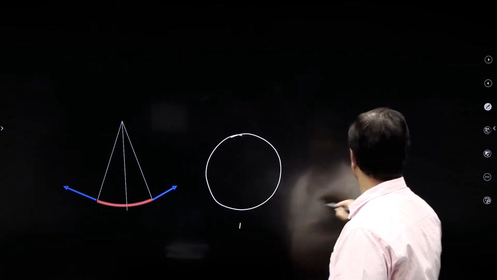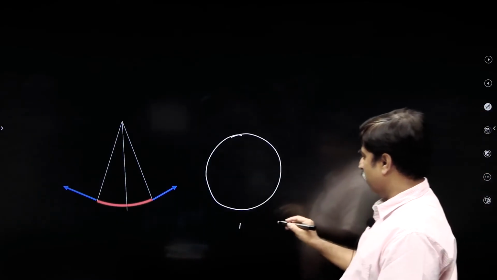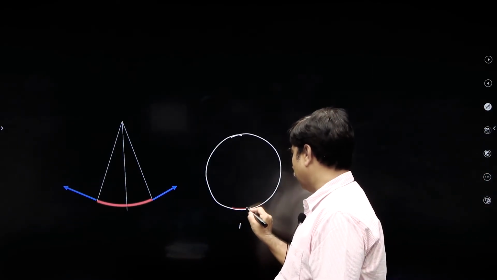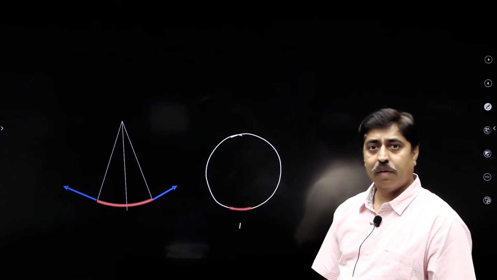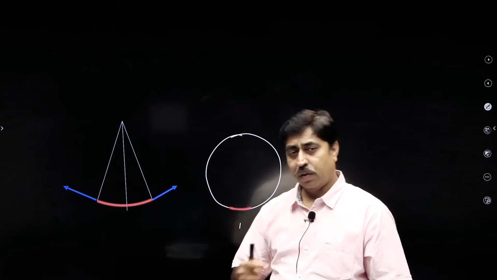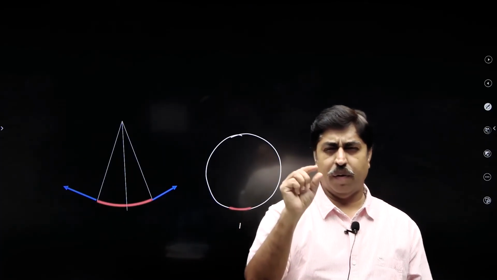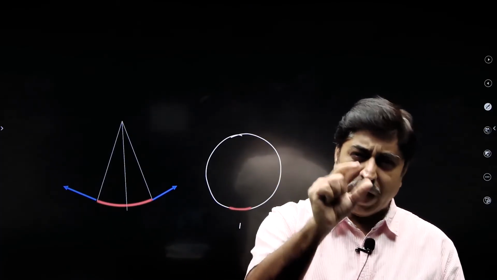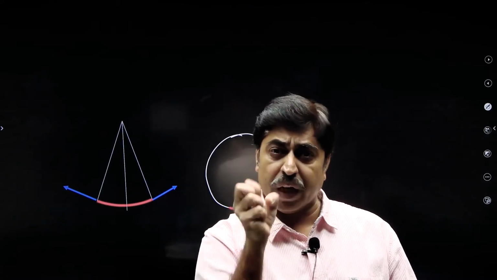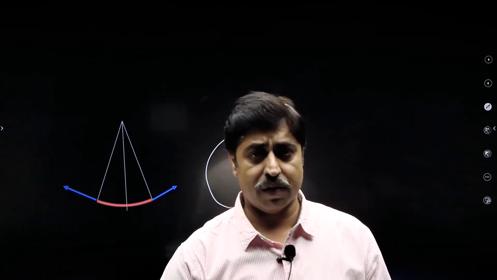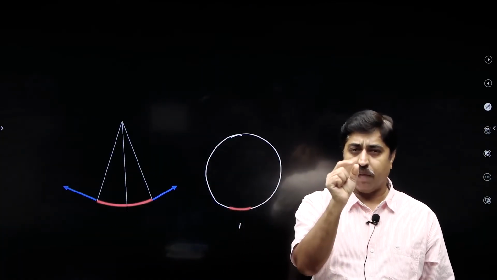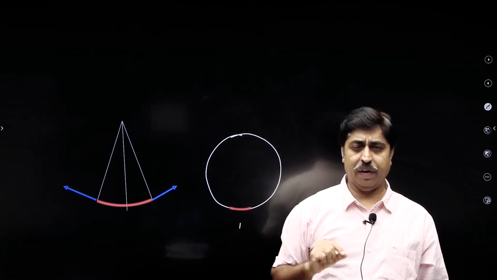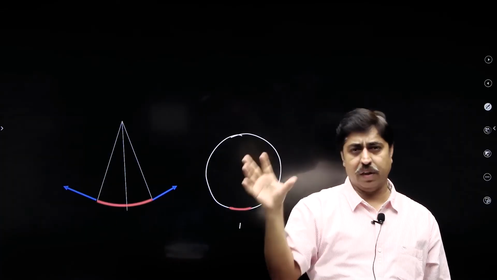This is a circle, and the red colored part that we are considering is a very small segment of this circle. Just imagine that the rope is made up of many segments picked from different circles. Any curve is thought to be made up of a large number of small segments of different circles.